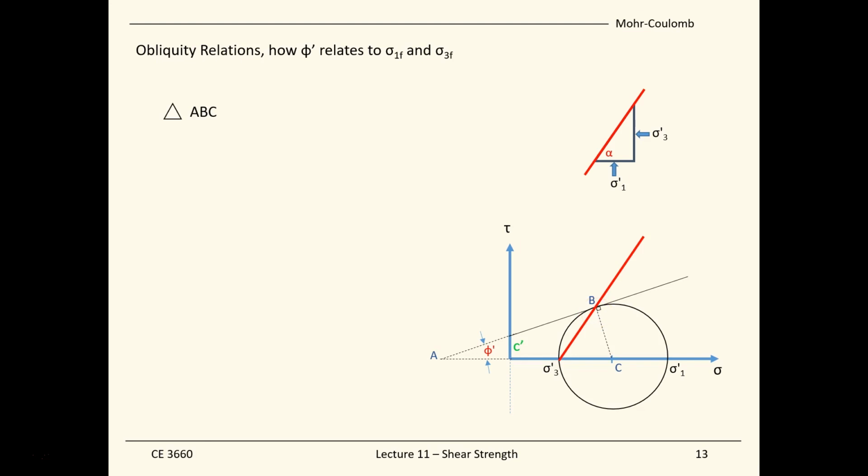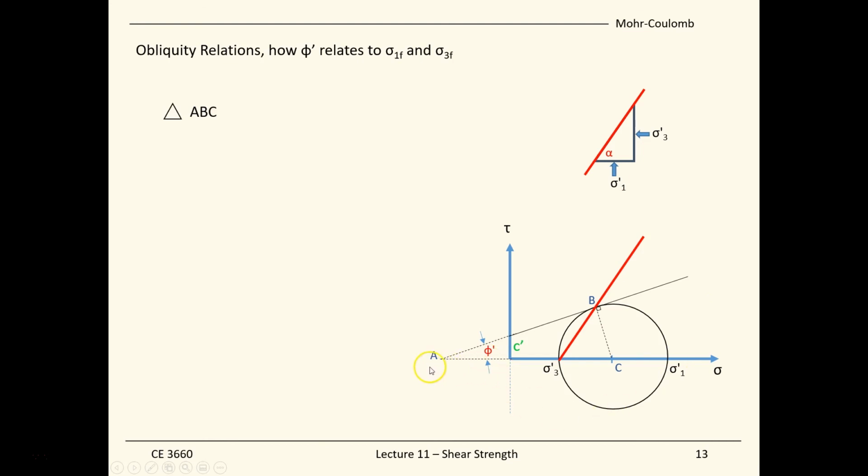So in this triangle ABC, the goal here one more time is through this trigonometry for this figure, we try to relate angle phi with sigma 1 and sigma 3, which could be quite powerful, because once we know sigma 1 and sigma 3, then we can calculate the friction angle, or the other way around. So back to this diagram now.